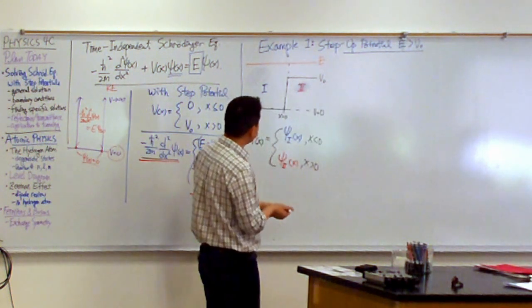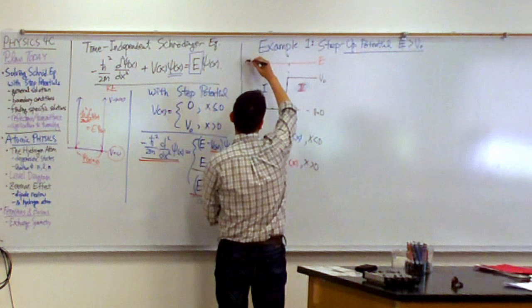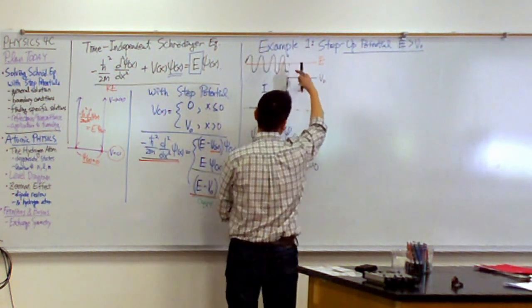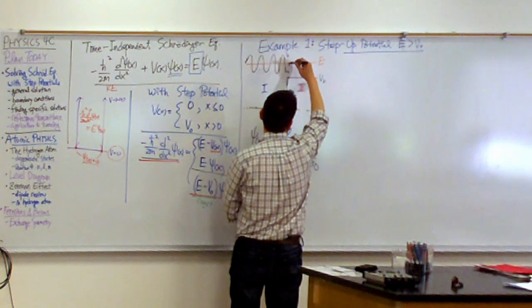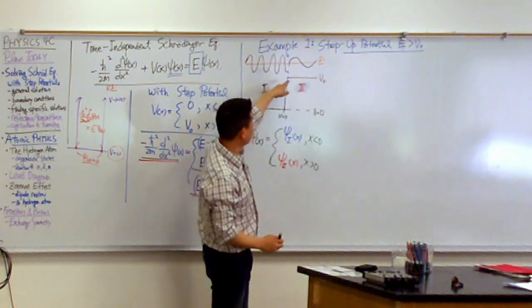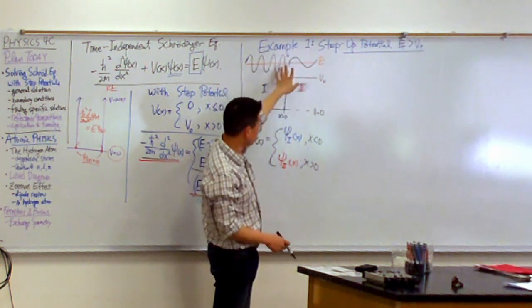Imagine that somehow you end up having this as the solution, some kind of oscillatory thing here. And then suddenly here, your solution starts out something like this. Then this is going to be problematic. If you have this discontinuity in the wave function, that's unphysical, and you don't want that.